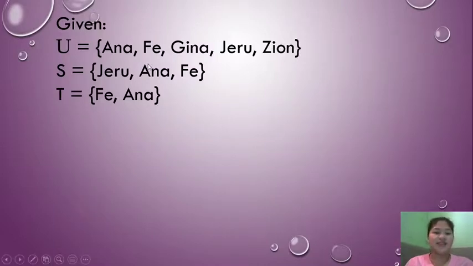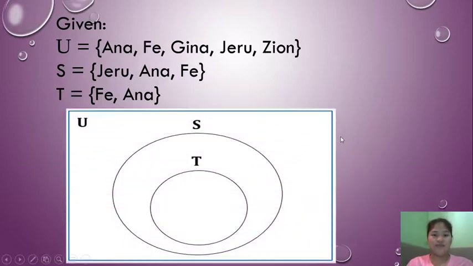First, let us examine the given sets S and T. As you can see, the elements of set T, Fe and Anna, are also the elements of set S. Ibig sabihin po, masasakop po ni set S si set T dahil si Fe at si Anna ay parehong matatagpuan sa set S. So if this is the case, our Venn diagram will look like this.